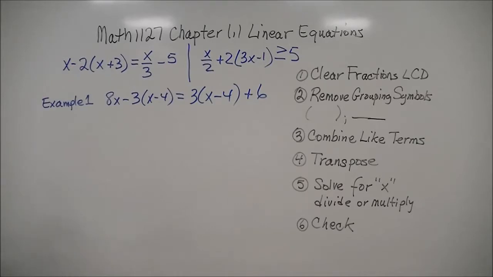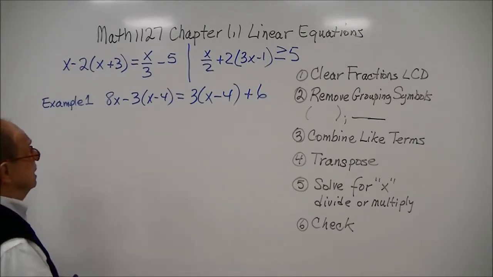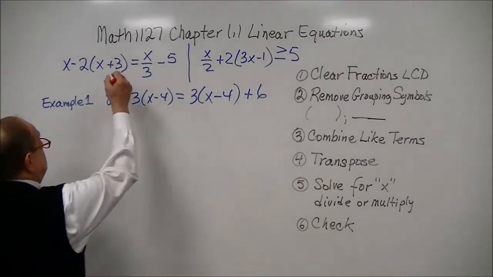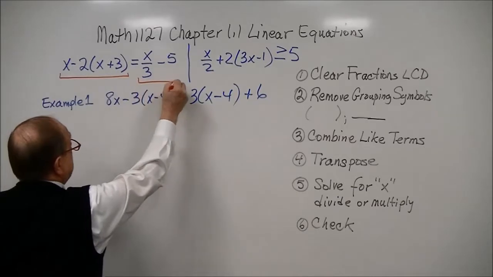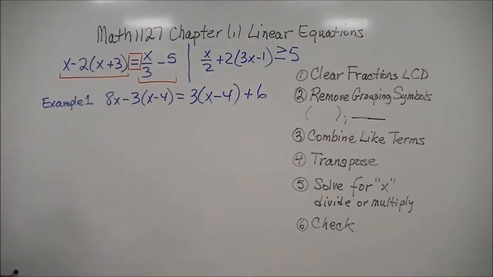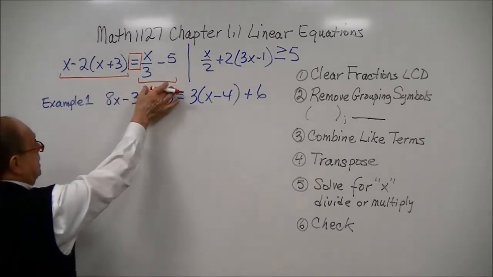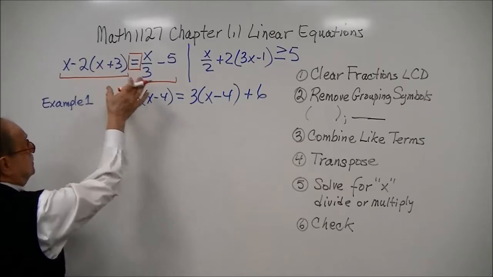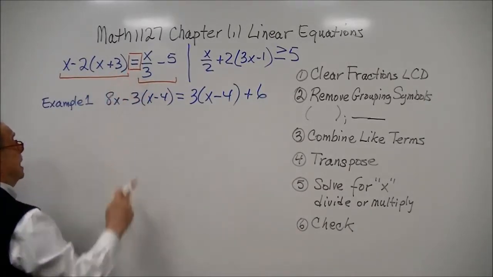First of all, what is an equation? Well, an equation is something in which you have a mathematical expression, and between them you have an equal sign. So a mathematical expression made up of terms and algebraic symbols, and an equal sign in the middle.